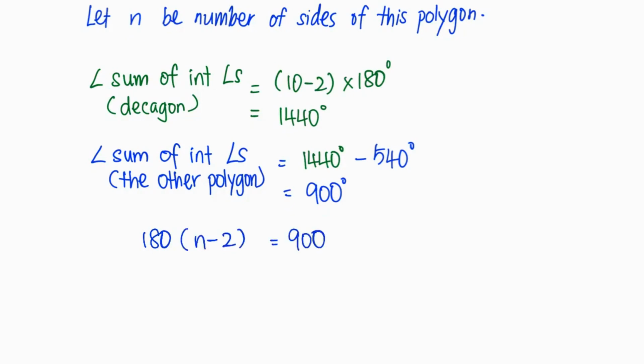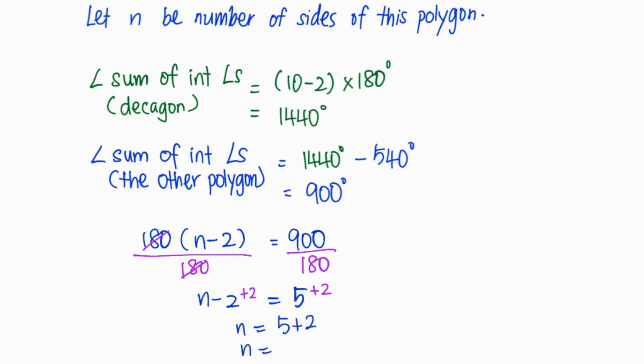I'm going to divide by 180 on both sides, so that here can divide off, left n minus 2. This one is equal to 5. So I'm going to add 2 to both sides. So therefore final answer, 5 plus 2, n is equal to 7.